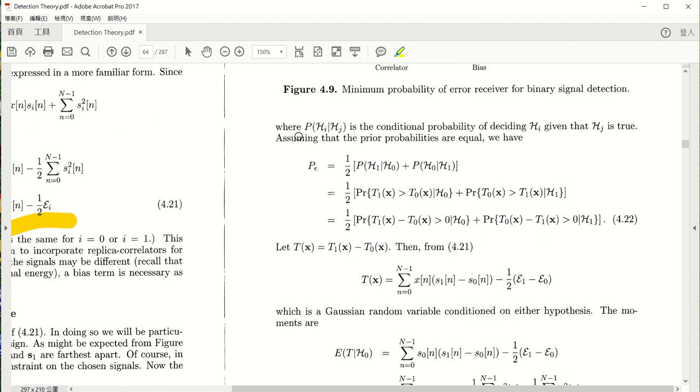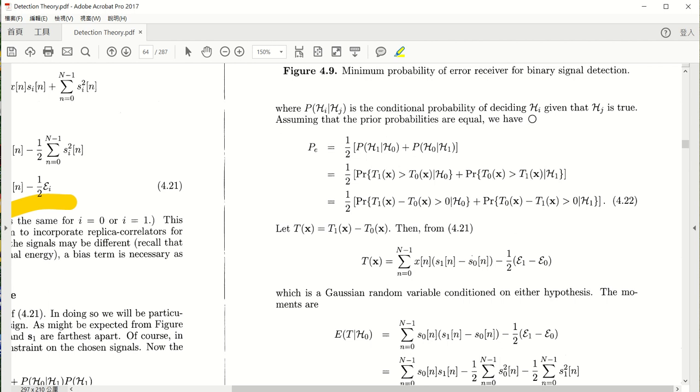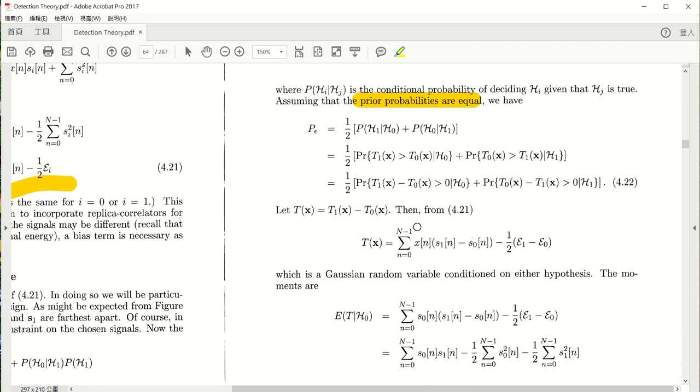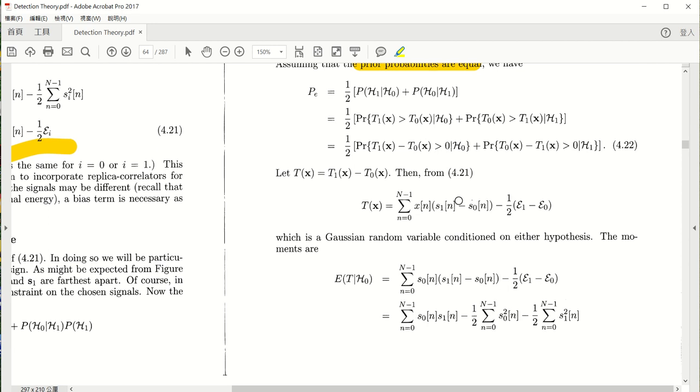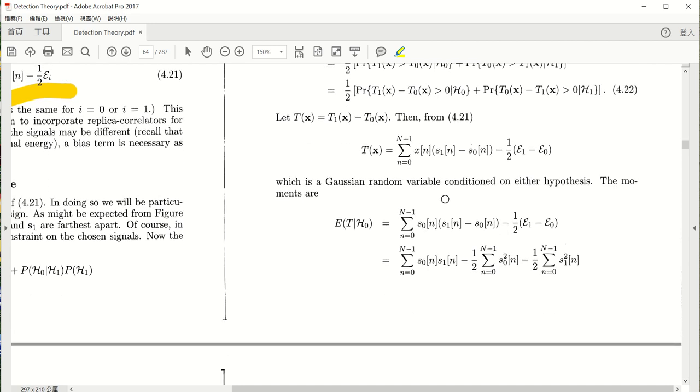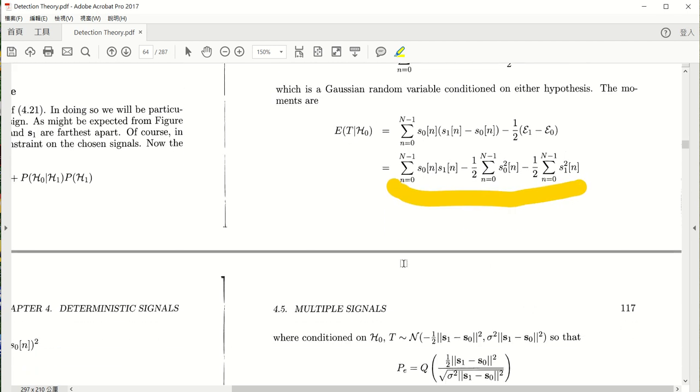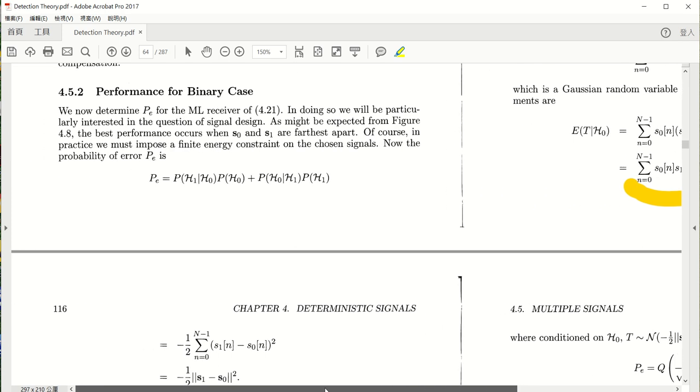So we do the derivations. For example, the prior probability is equal, 1/2. Eventually we go to the step where we have to calculate the expectation of T conditioned on H0. Then we do the derivation and come up with this equation. That's the expectation of T conditioned on H0.